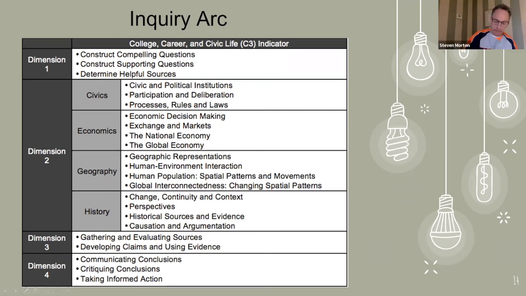But what deep learning does is something that's unique. It flips dimension 4. So it takes the idea of taking informed action and moves it up. So this is what I mean by this, and I want you to think about this.